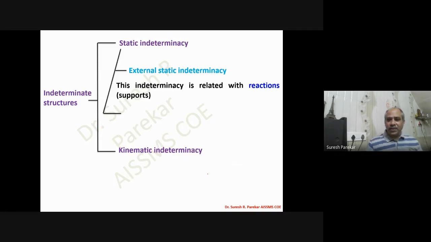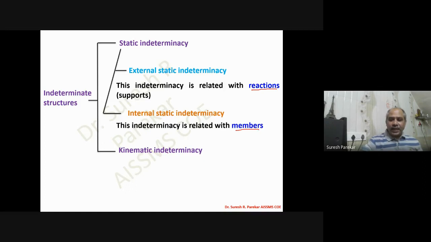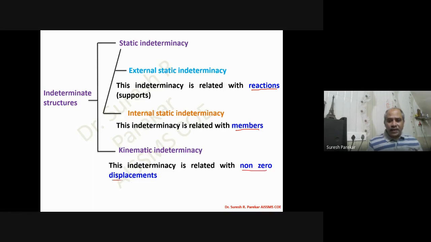External static indeterminacy broadly relates to your reactions, whereas internal indeterminacy broadly relates to your members. And kinematic indeterminacy relates to non-zero displacement. Rather, I can say non-zero displacement is known as the kinematic indeterminacy of the structures.